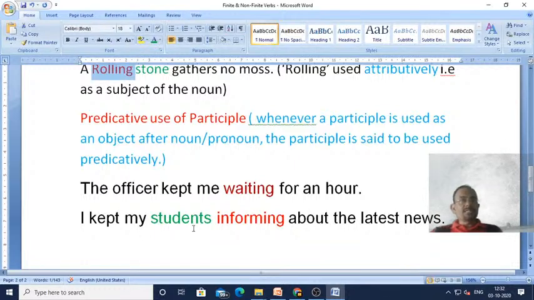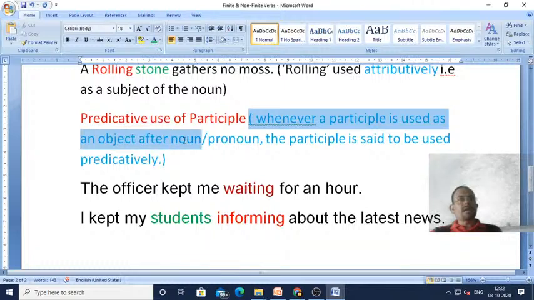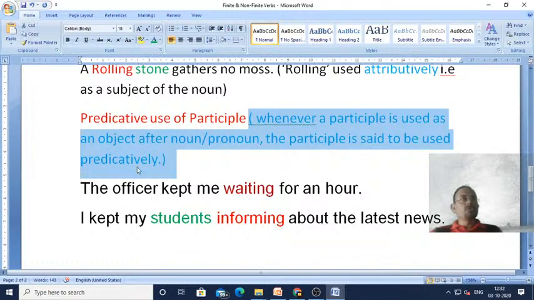So I kept my students informing about the latest news. "Informing" is here a present participle because it is used predicatively as an object after a noun, and here "waiting" is used as an object after a pronoun. So that is the meaning of predicative use of participle. Whenever a participle is used as an object after a noun or pronoun, the participle is said to be used predicatively.